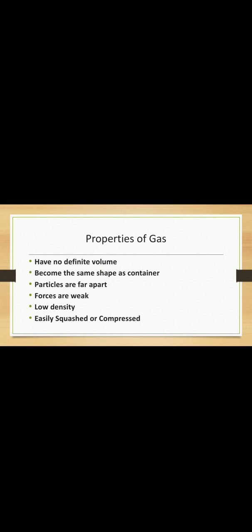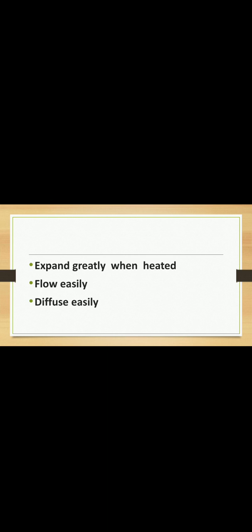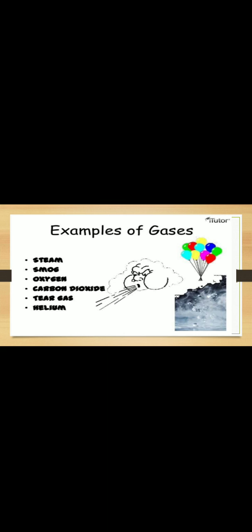So we can easily compress the gas. It expands greatly when heated. They have the ability to diffuse easily and flow easily. Some examples of gases are steam, smoke, oxygen, carbon dioxide, tear gas, and helium.